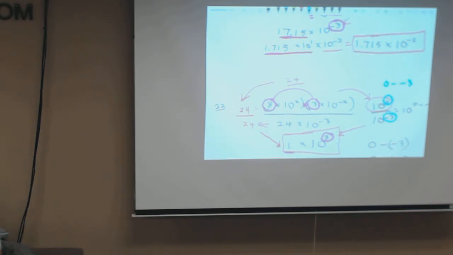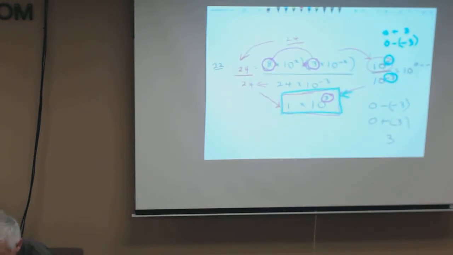What's 0 minus negative 3? 0 plus 3, positive 3. So that's where we get the 10 to the third. You follow that? So there's your answer. I just think scientific numbers are beautiful. I don't know why, they just touch my heart.